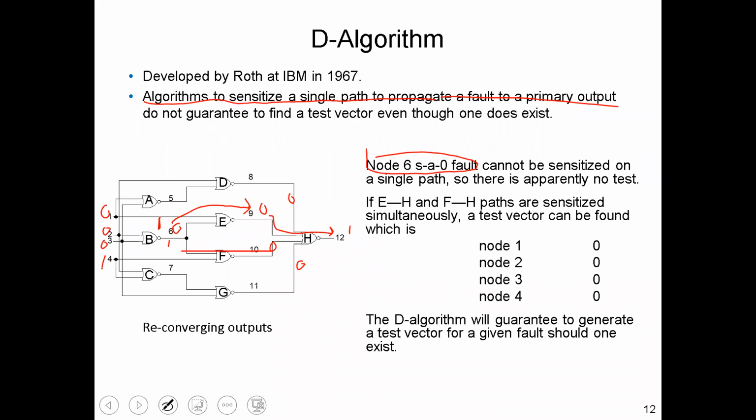And with this input 0, 0, 0, 1, let's see this gate C. You see gate C is 0, 1. So this should be 0. Node 7 is 0 from this given input.